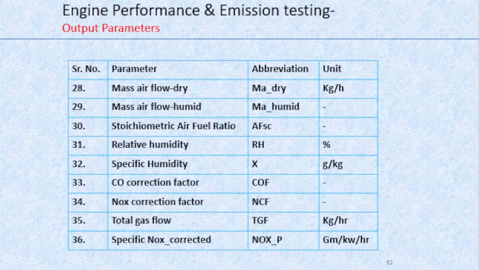As I mentioned earlier, humidity parameters are important to apply the emission correction factors. Accordingly, we need a correction factor for emission pollutants. Total gas flow is represented here as mass of air and mass of exhaust gas. We need to correct NOx and CO with the help of the respective correction factors for various further calculations.